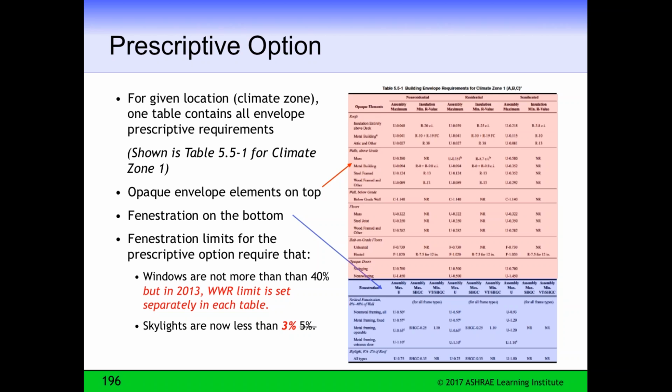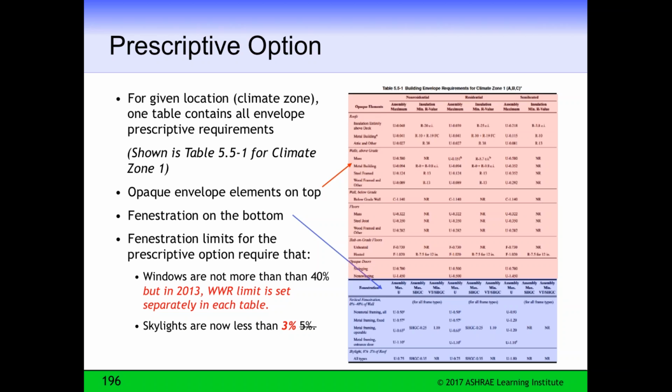So if you're in climate zone 1, like southern Florida or Hawaii, you can carry this table around and it lists all of the requirements for climate zone 1. And it's the same type of table for each of the 9 climate zones. The only thing that changes is the values of the numbers inside. You have the same structure in each table.